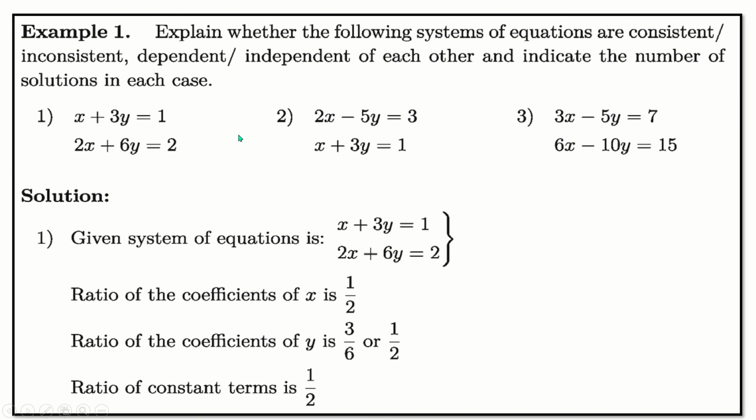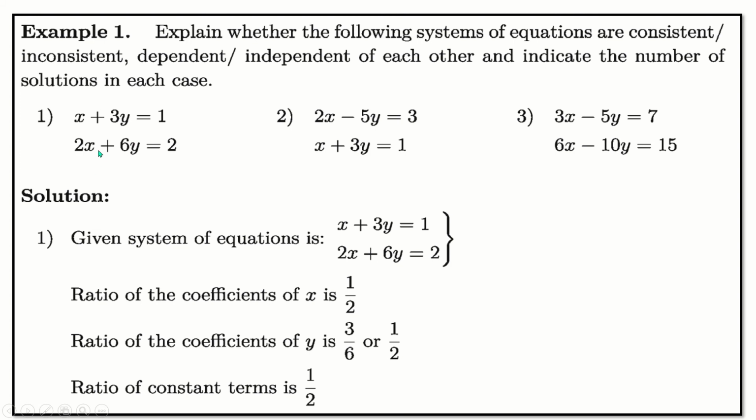Okay, an example is given here: 1, 2 and 3 examples. In number one, the coefficient of x is 1 in the first equation and 2 in the second equation. The coefficient of y is 3 in the first equation and 6 in the second, and the constant terms are 1 and 2.